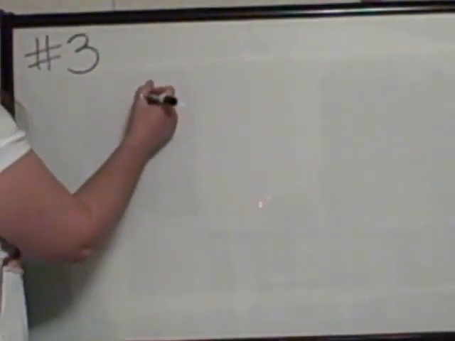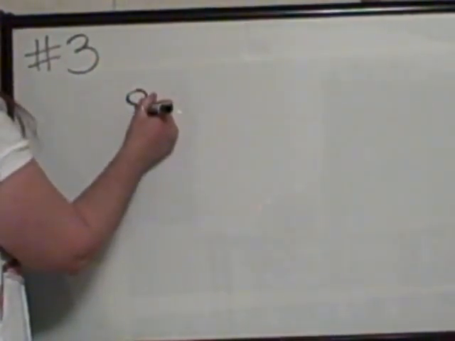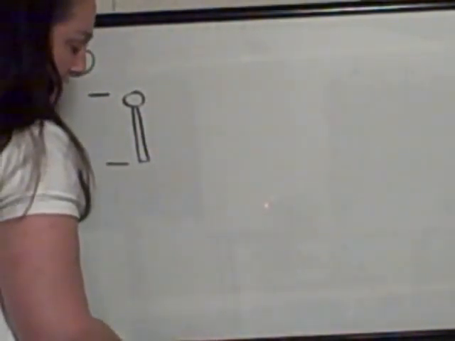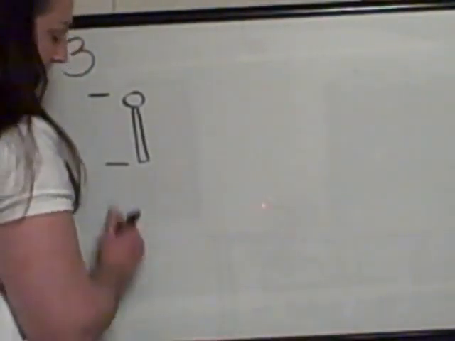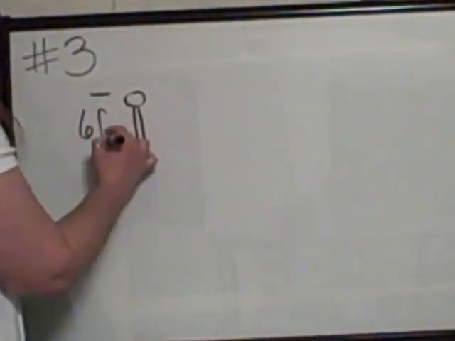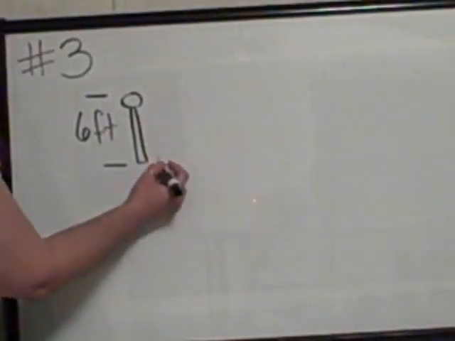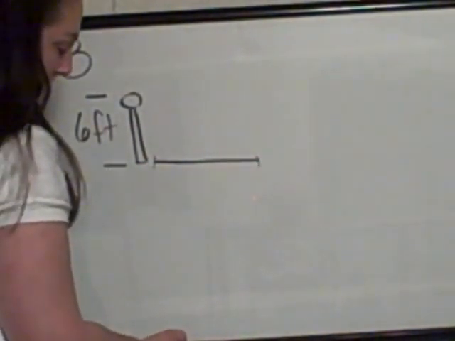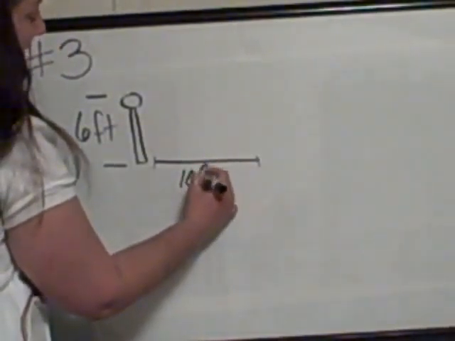So let's draw a picture of what they're talking about. They're talking about a fence, so we're going to draw a fence pole. And we're going to say that this fence is 6 feet tall, and it casts a shadow. There's a shadow of 10 feet long.